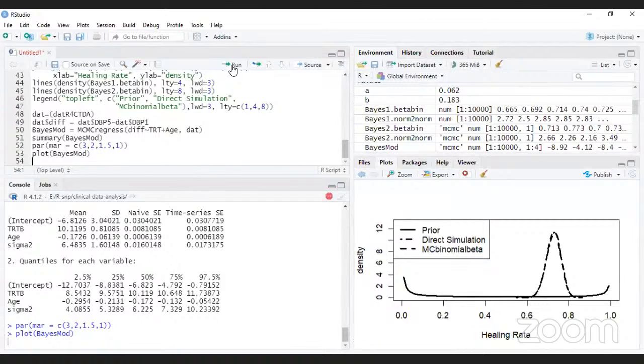Okay, the plot is coming. I think I have given the codes to all. What happened?